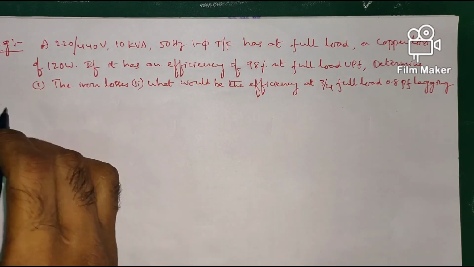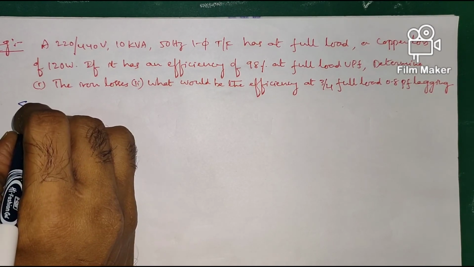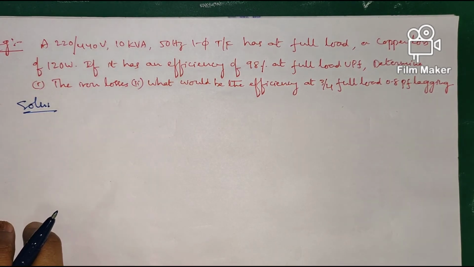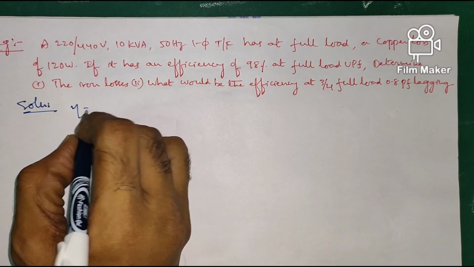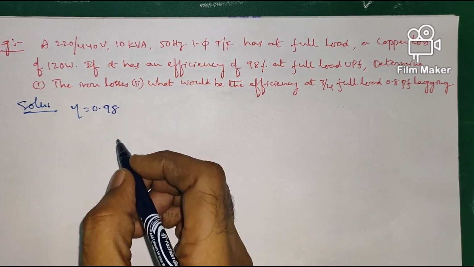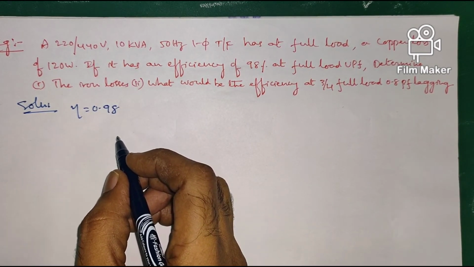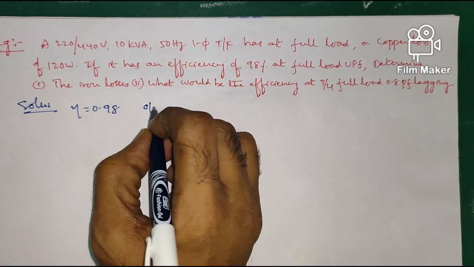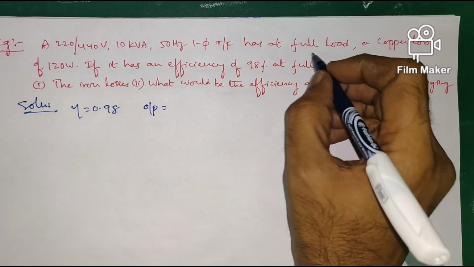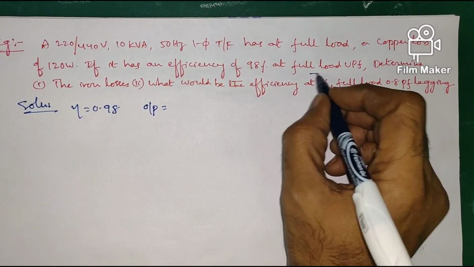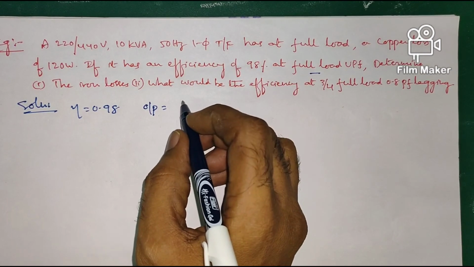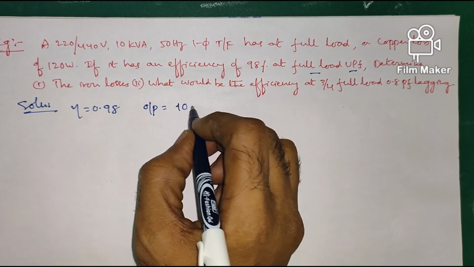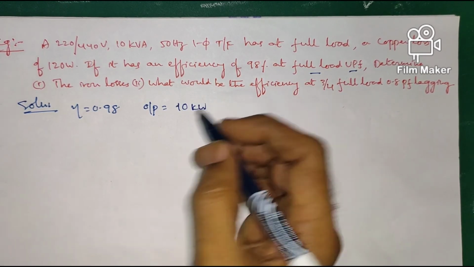Here I am not writing down all the complete data because that is there in the problem itself. First, the efficiency is given as 0.98. The condition here we have got the output is equal to full load. Full load means 10 kVA and the power factor is UPF. That implies we are going to have 10 kilowatts as the output.